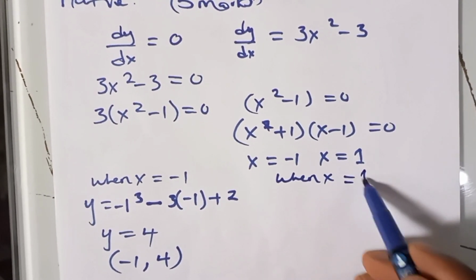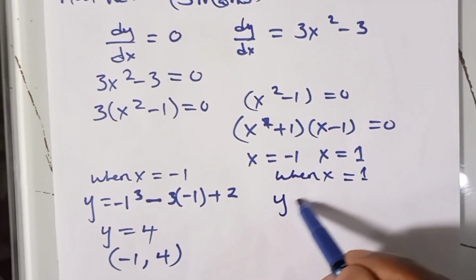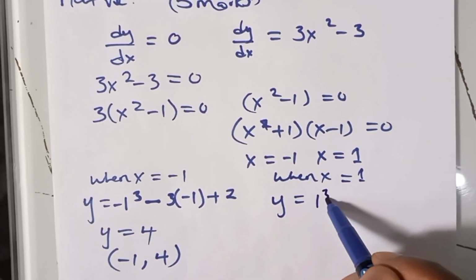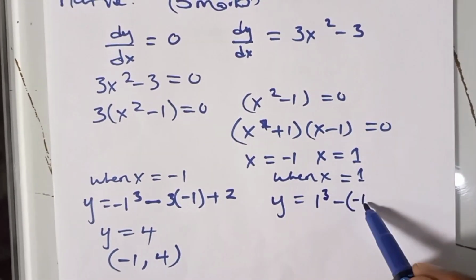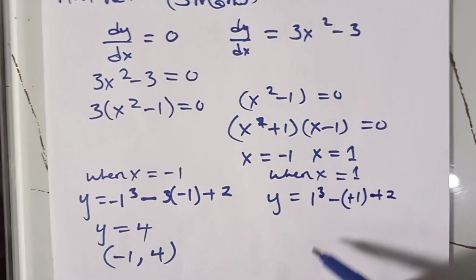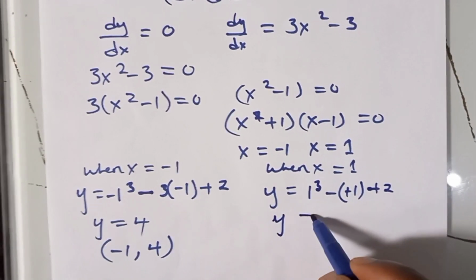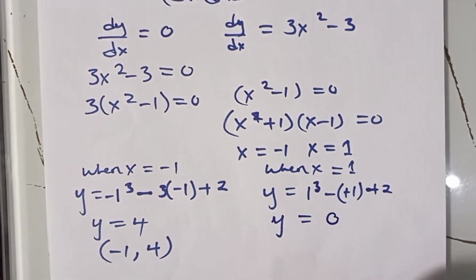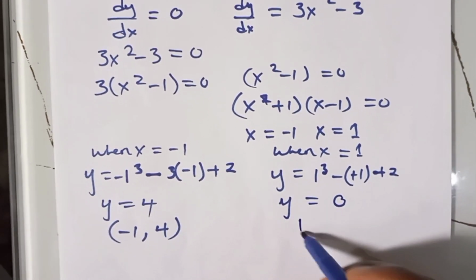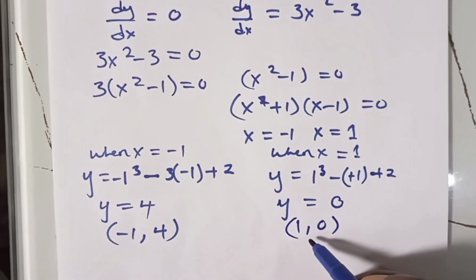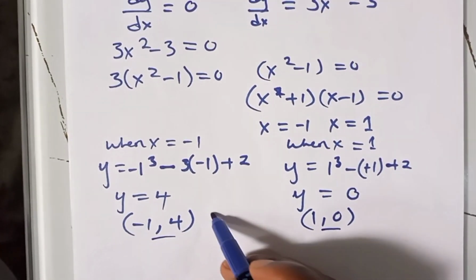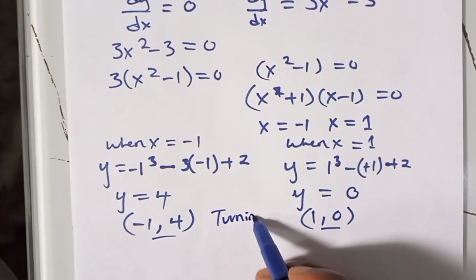When x is 1, we substitute into the equation of y. We have 1 cubed minus 3 into 1 plus 2. So again, we get the value of y to be 0, and that point would be (1, 0). So we have two turning points, (-1, 4) and (1, 0).